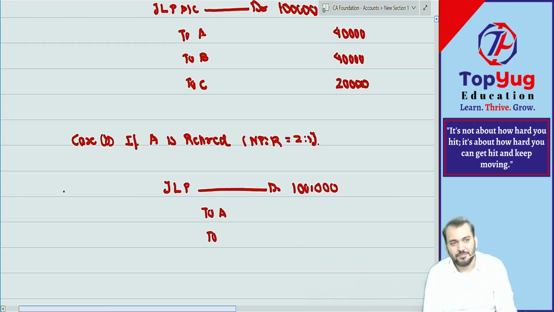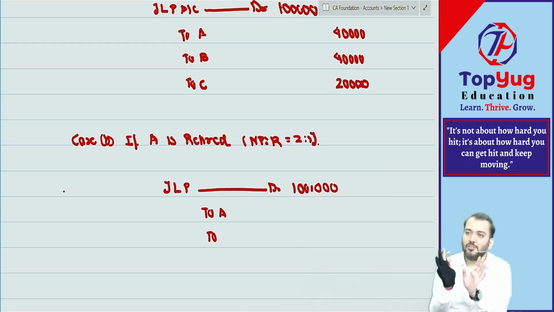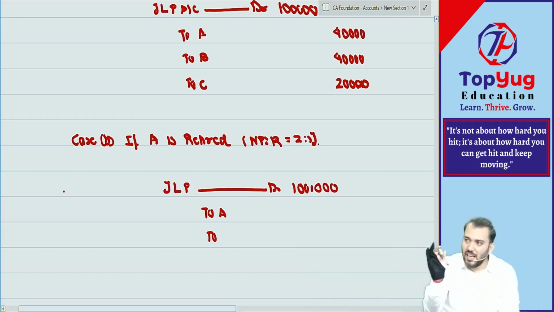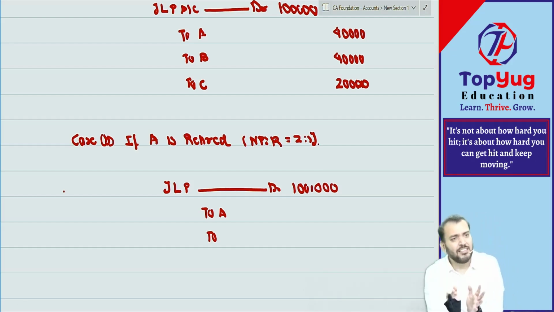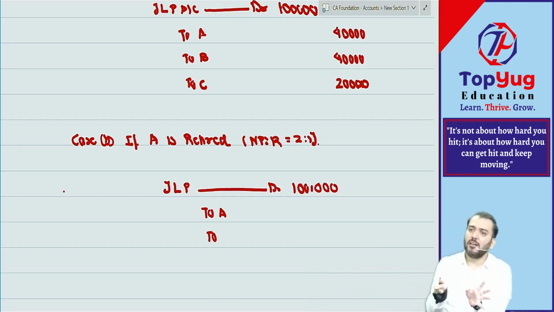ABC or BC? But this JLP, when you do revaluation, profit or loss go to old partner or remaining partner? Old partner. A is also an old partner. Why should the concept change right now? This amount is receivable, so on the date of event, this amount belongs to A also. This JLP is an asset, as simple as property, plant and equipment. Amount receivable is as simple as debtor.